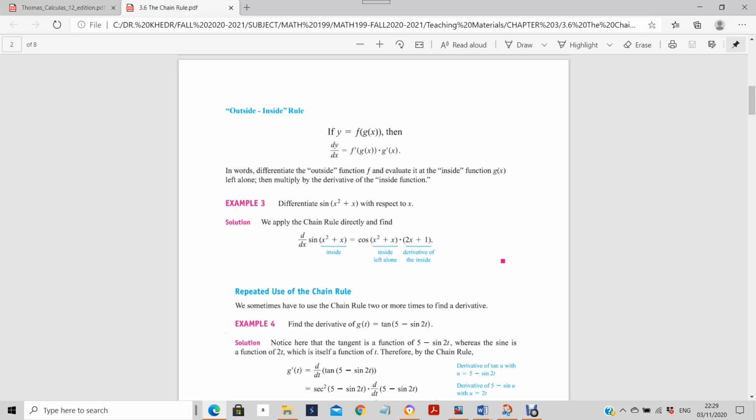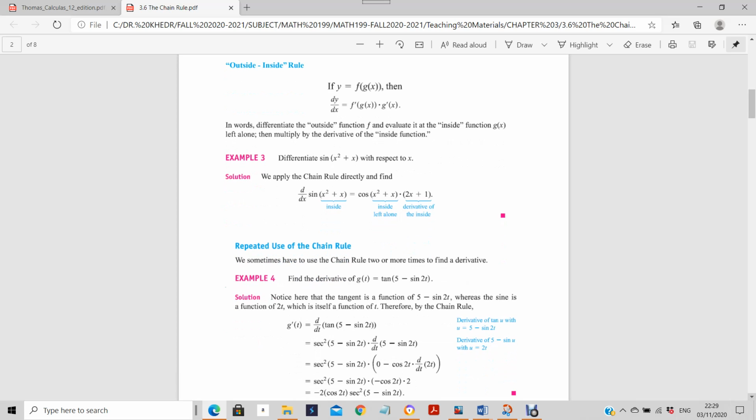This is the derivative of the outside function, and you have to multiply this by the derivative of the inside function. So this term inside the sine, we call it the inside function. And sine itself is the outside function. So the derivative of the sine is cosine, you can see here, multiplied by the derivative of x squared plus x, which is 2x plus 1. So the final answer will be 2x plus 1 in a bracket multiplied by the cosine of x squared plus x.